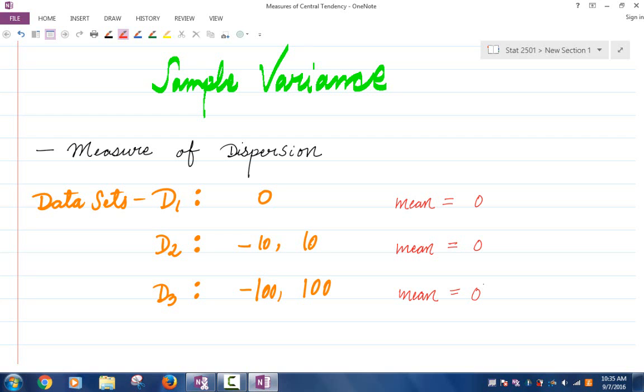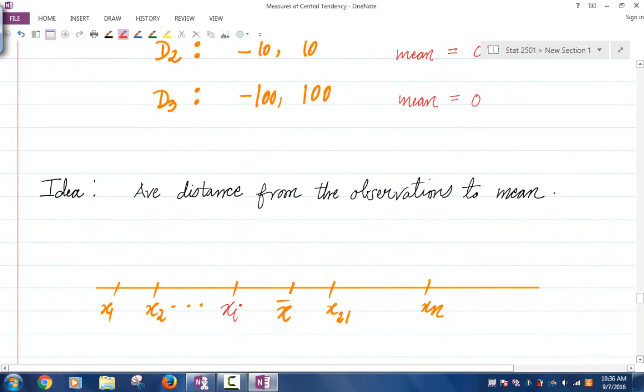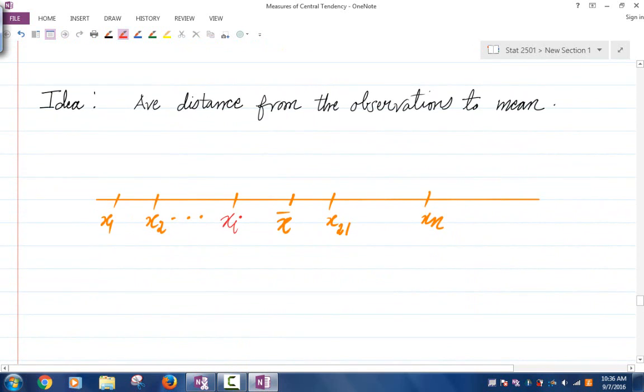Well, one idea would be to look at the average distance from the observations to the sample mean. I have the number line here, and I plotted the sample mean x bar there, and then I have the observations labeled as x1, x2, xi, and so on up to xn.